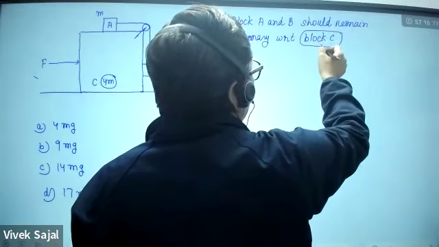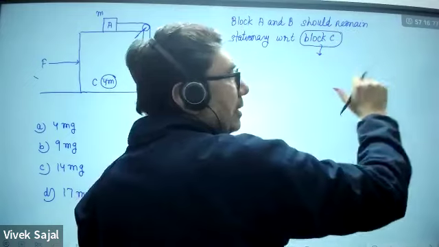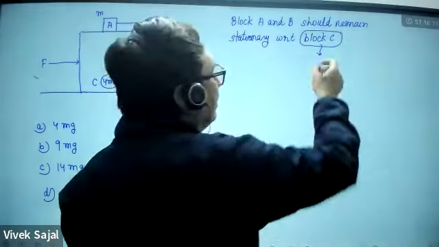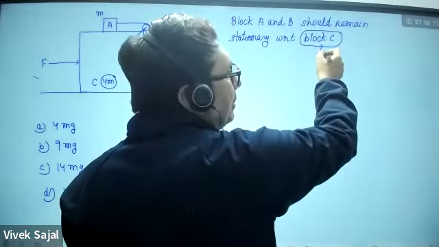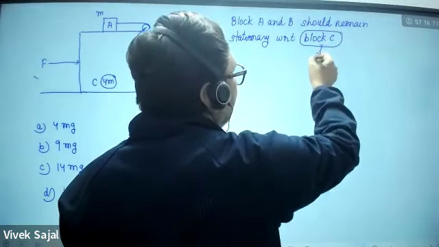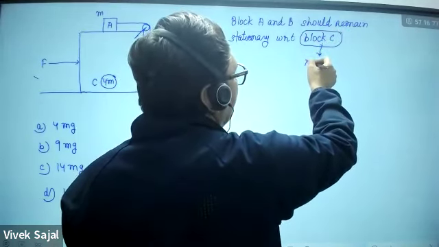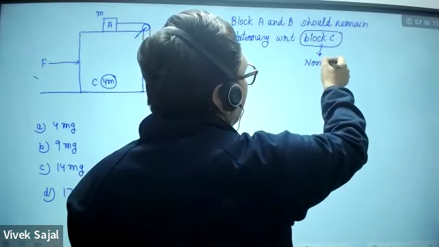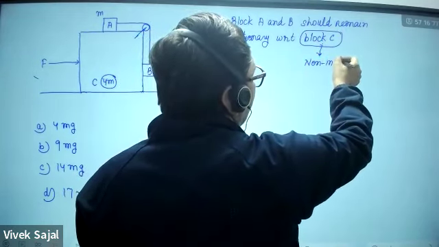Block C is the frame of reference. And because force is acting on it, it will have some acceleration. So basically here, try to understand, this is an accelerated frame or non-inertial frame.